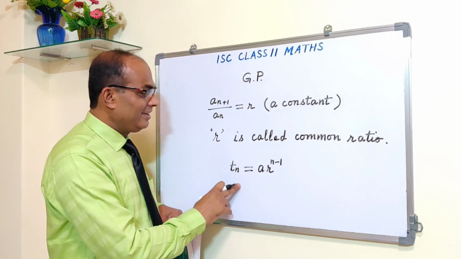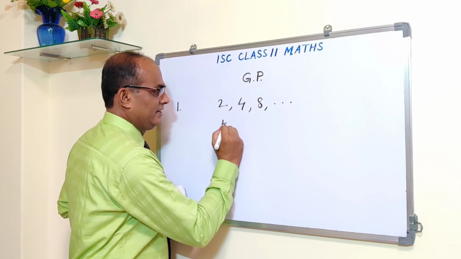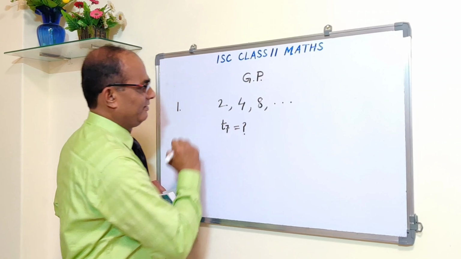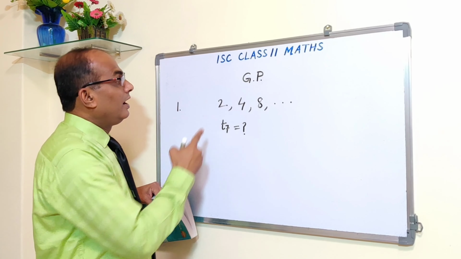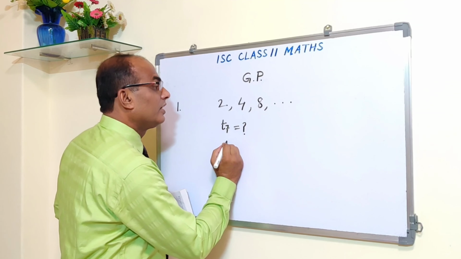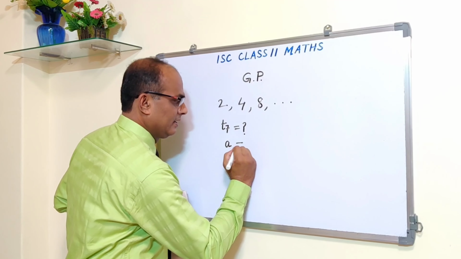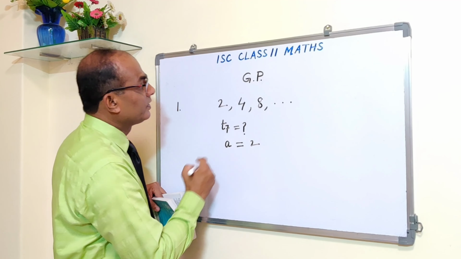We have to find out the 7th term of this GP, that means T7. A is how much? The first term is 2, given. A is equal to 2.